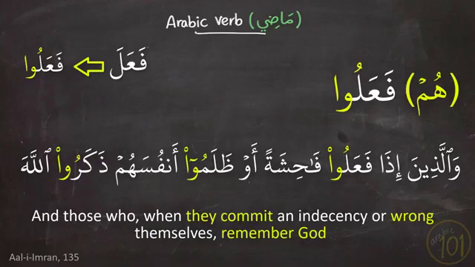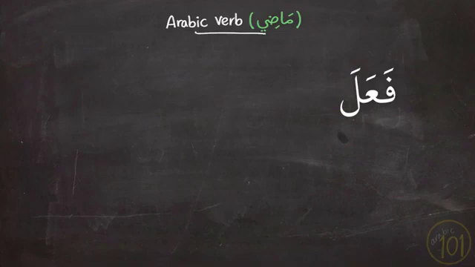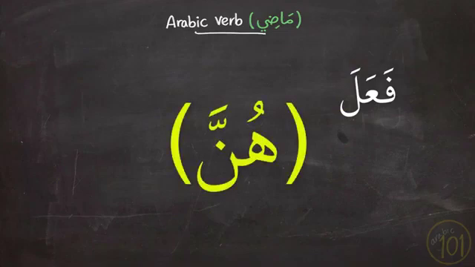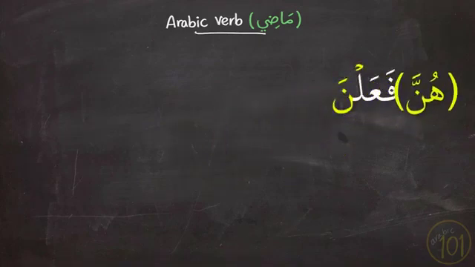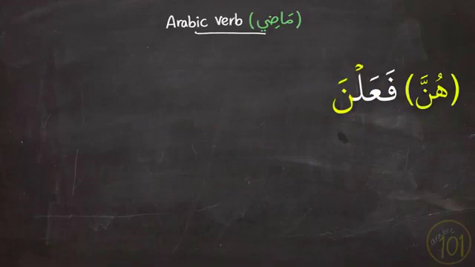Next is the conjugation with the pronoun hunna, which is the feminine version of hum, and it is also translated in English into they. And for this conjugation, you will only add na to the end of the verb, and before it, you will have sukun.